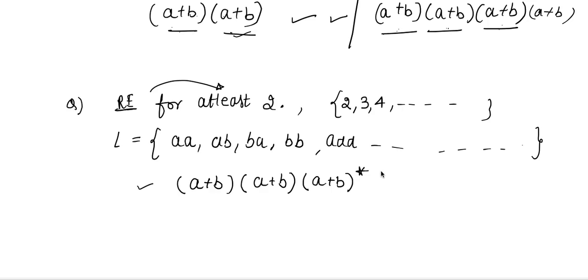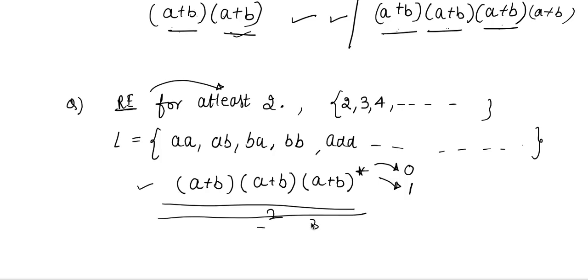Are you getting? See, in place of the star, if I put 0, overall it becomes a string of length 2. If I put 1 here, overall it becomes a string of length 3. If I put 2 in place of the star, what will it become?